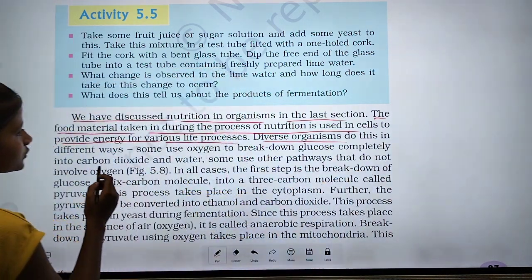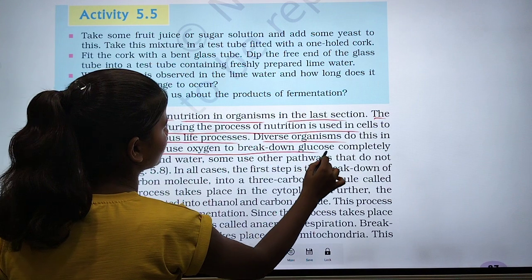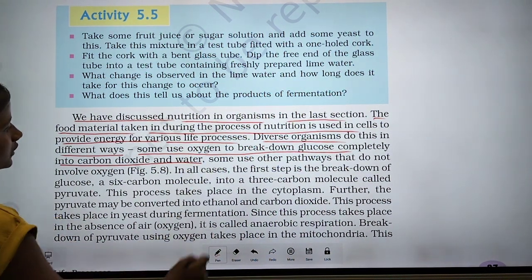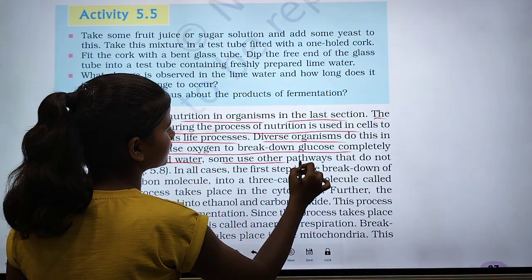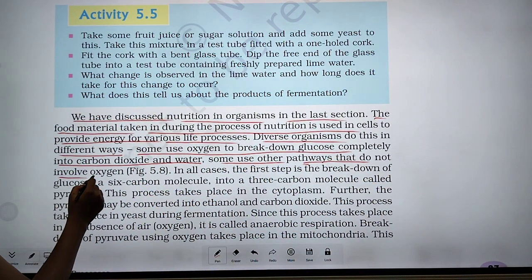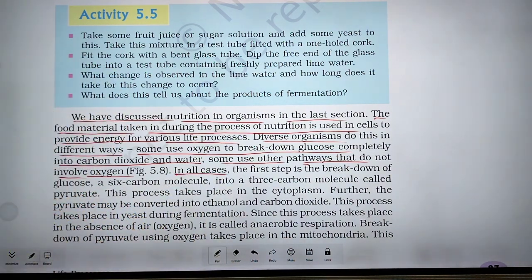Diverse organisms do this in different ways. Some use oxygen to break down the glucose completely into carbon dioxide and water. Some other pathways do not involve oxygen.